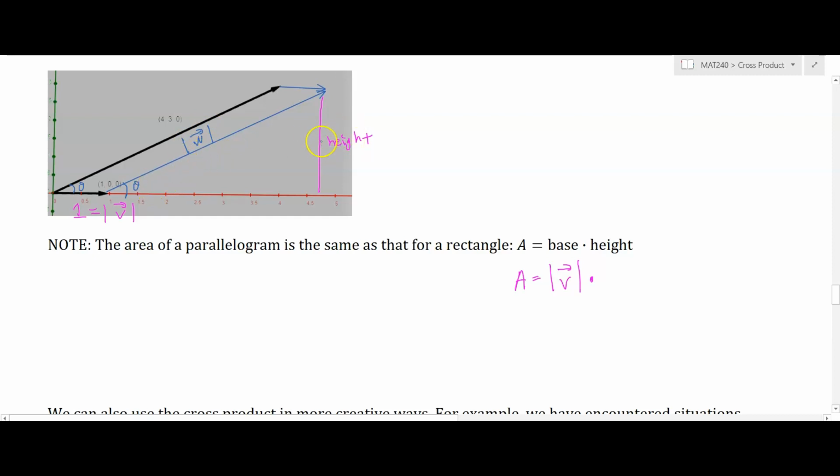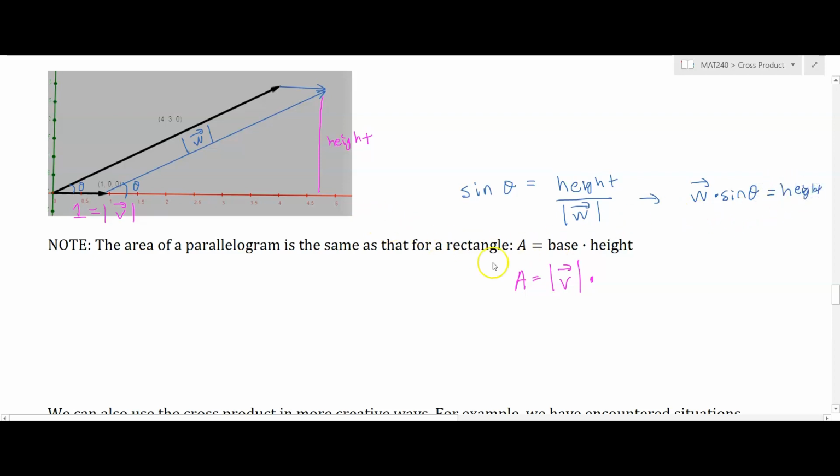To get a relationship involving height, theta, and the magnitude of w, I could say that the sine of theta is equal to the height divided by the magnitude of w. Now I want to solve for height, so I can multiply both sides by the magnitude of w, and I get the magnitude of w times sine theta equals height.